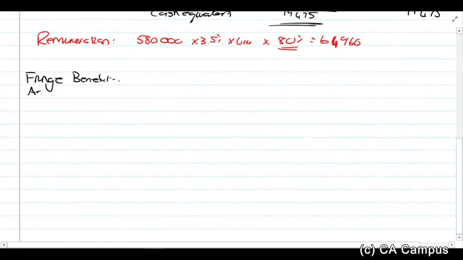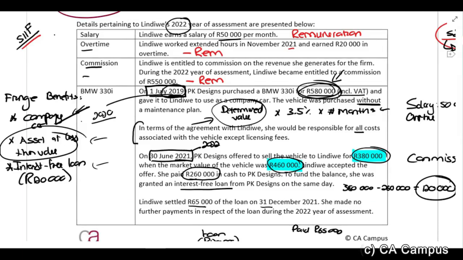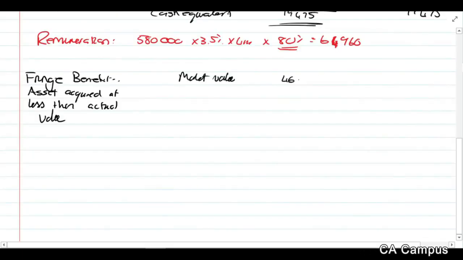Fringe benefit, asset acquired at less than actual value. As it wasn't purchased specifically for us, we have to use the market value. 460,000, and we paid 380,000 for it as our consideration.